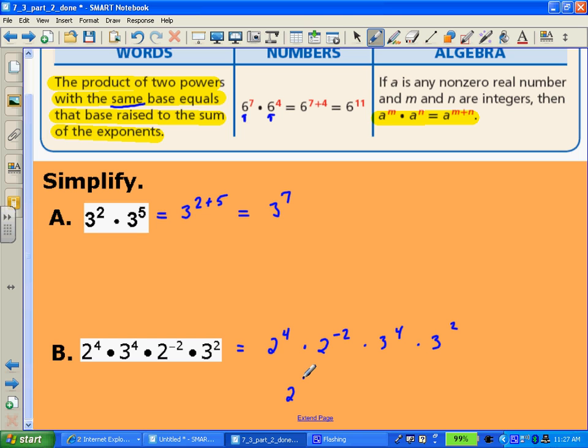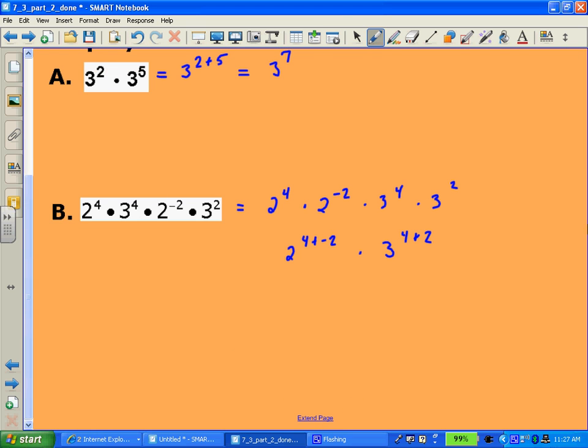So here this would be 2 to the 4 plus negative 2 power, and this would be 3 to the 4 plus 2 power. So 4 plus negative 2 is 2, so this would be 2 squared, and 3 to the 4 plus 2 is 6, so 2 squared times 3 to the 6th. Okay? So that would be our answer there.